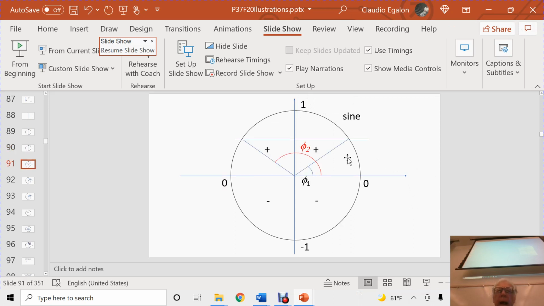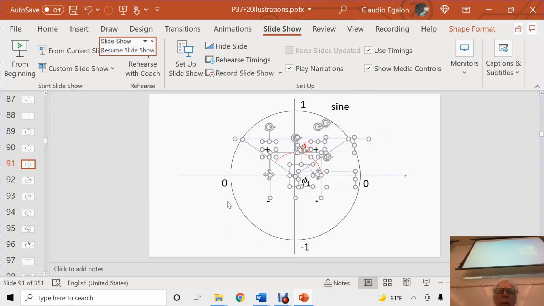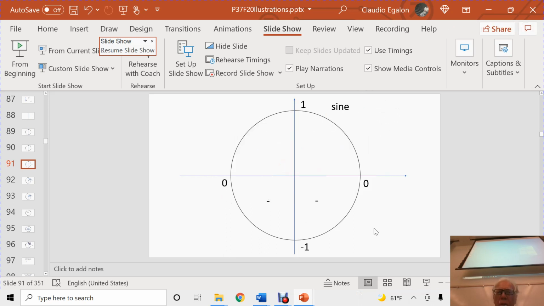Next. Okay, now that we know it's the sine circle, we can put the values along the sine circle, right? It's going to be 0 here at 0 degrees, 1 at 90 degrees, 0 at 180 degrees, minus 1 at 270 degrees, right?